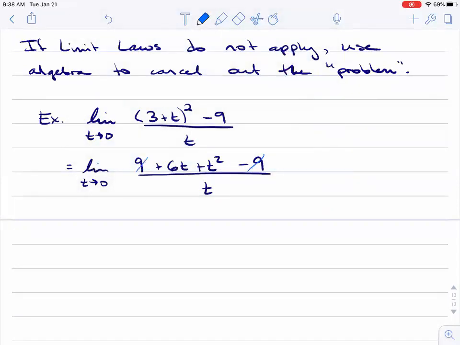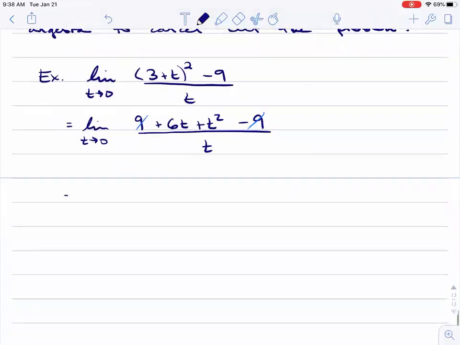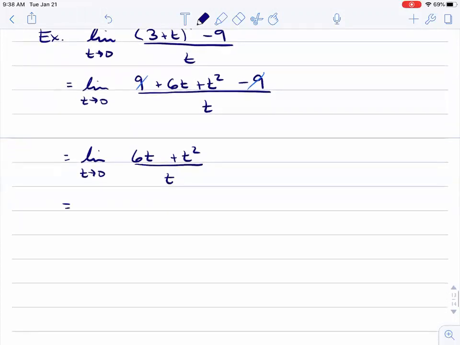9 minus 9 goes away, and so now I've got that common t in the numerator, and so the limit as t approaches 0 of 6t plus t squared over t, I can pull out that common t.